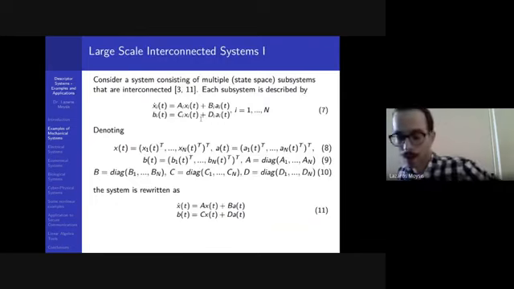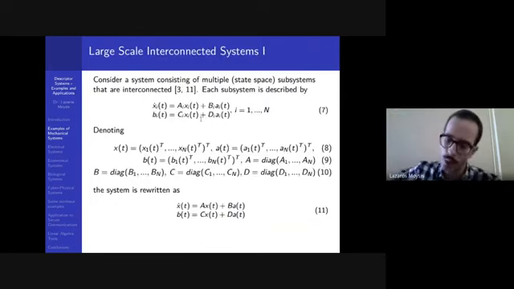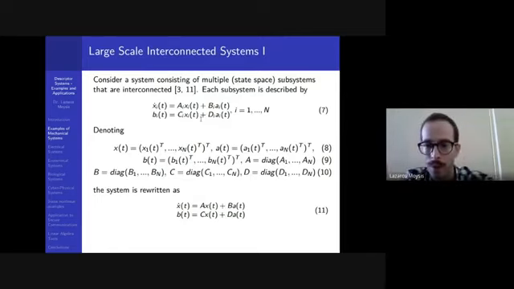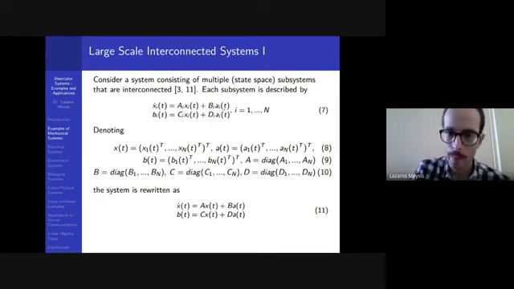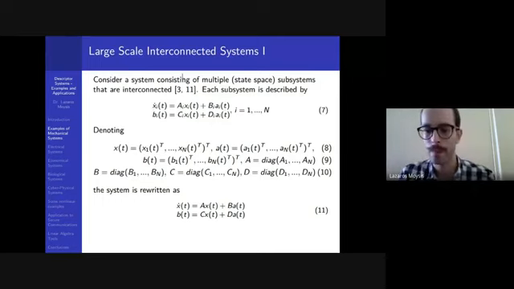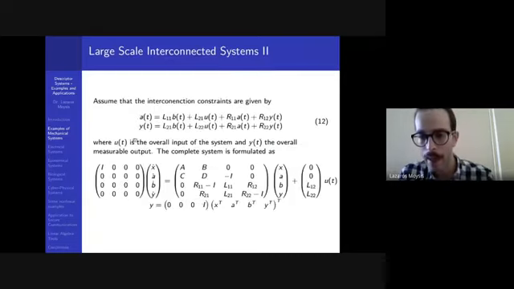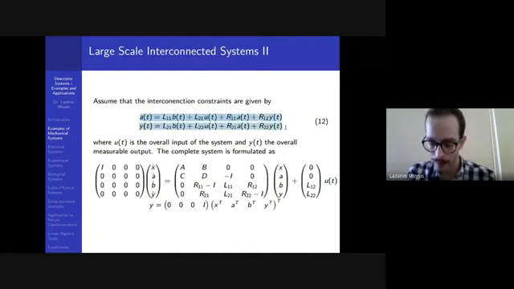Another very large example that we will meet again and again in our next presentation is this example of interconnected systems. So, for example, let's say you have a lot of individual state space systems, but they are interconnected to each other. Similarly to the previous design, we may have a set of state space systems, and additionally, we may have some sort of algebraic equations that connect these subsystems to each other.